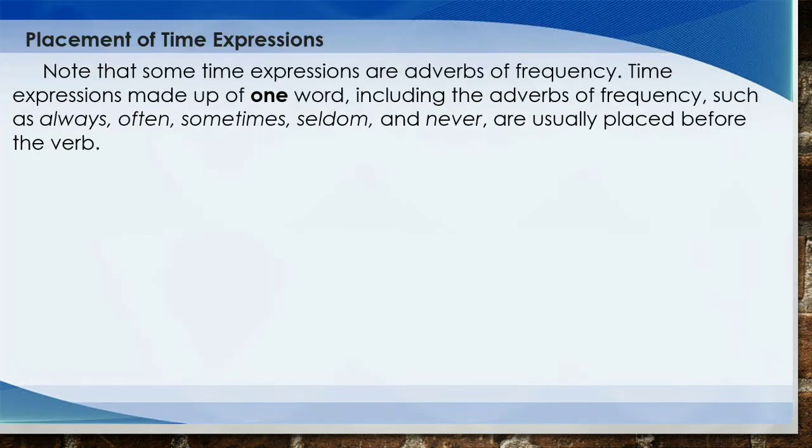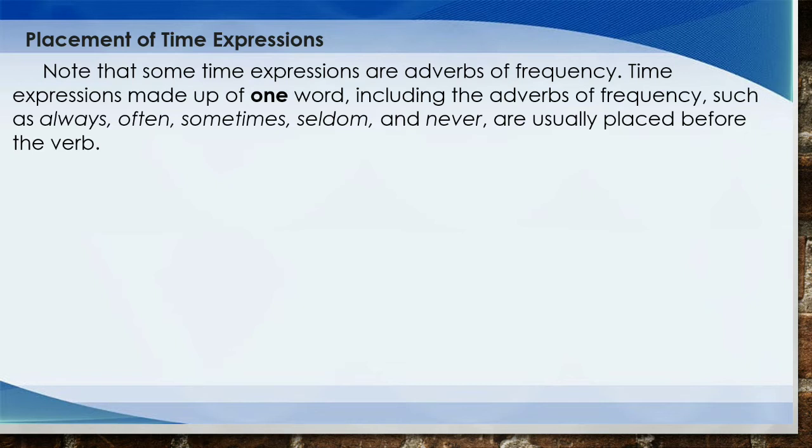Let us study now the placement of time expressions. In what part or place in the sentence are we going to use the time expressions? Note that some time expressions are adverbs of frequency.